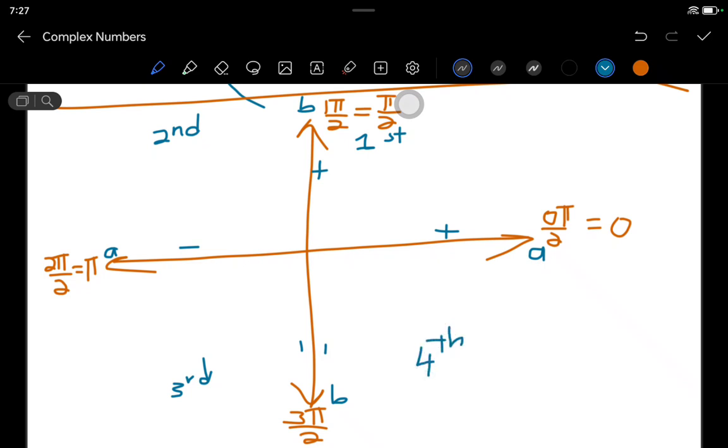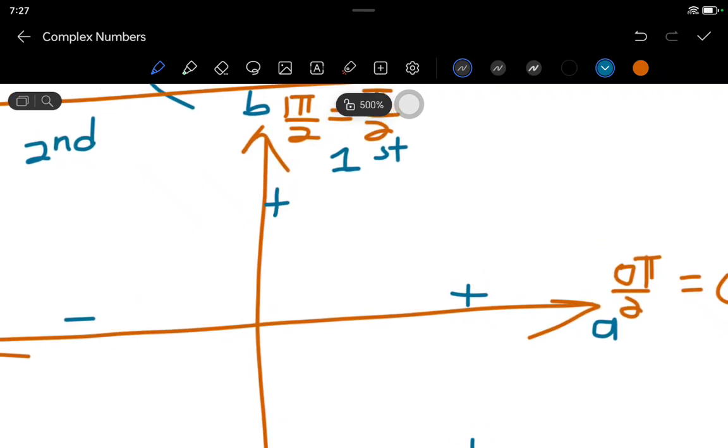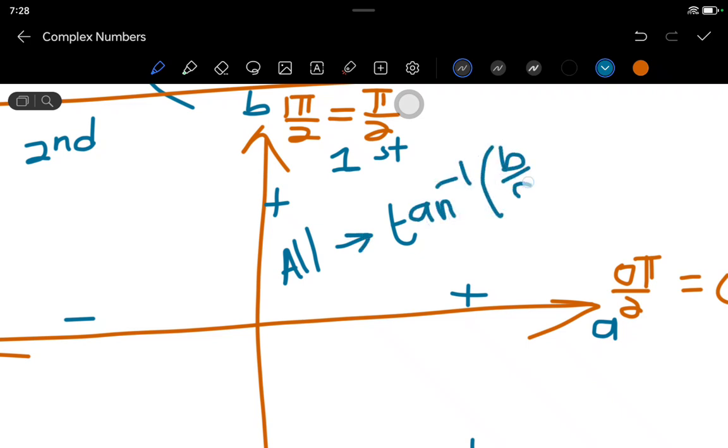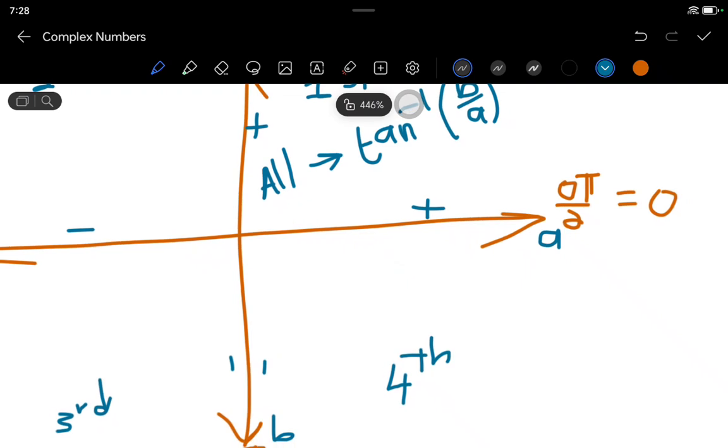Now, the formula here, here's what you must know. In the first quadrant, tan, sine, cos are all positive, and the formula is arctan of B over A. In the fourth quadrant, cos is positive, and the formula is the same as the one in the first quadrant.